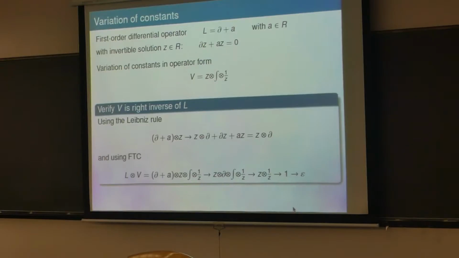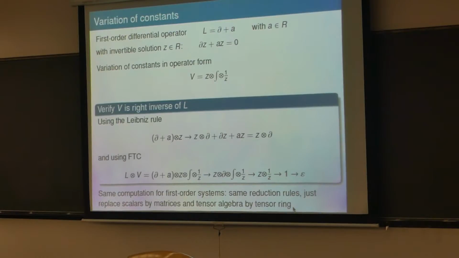Then I apply the successive reduction steps, and I find out that this is equal to 1. So I prove the variation of constants. But then you might wonder: this is a first order differential equation, but the interesting thing is that the same computation works for first order systems.